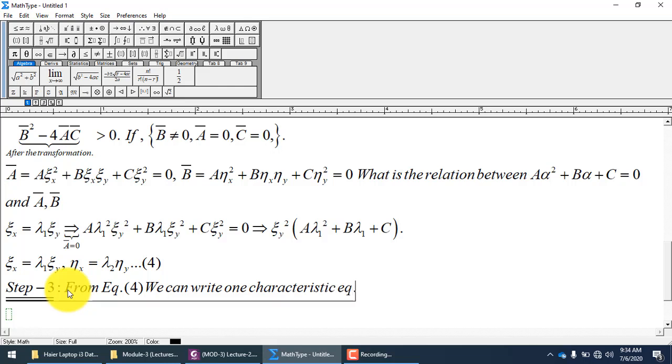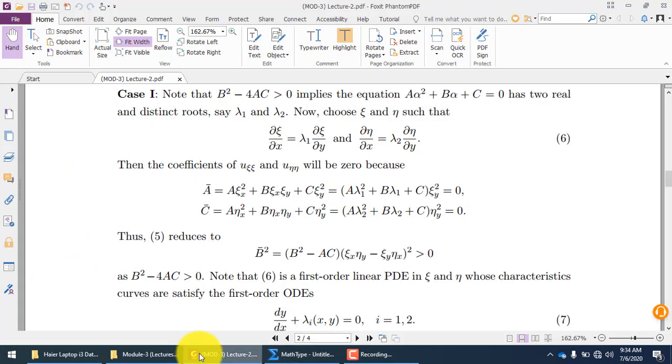What characteristic equation? Look, what is the quantity for dy by dx for both sides? Here dy by dx will be lambda 1 over lambda 2, or there will also be another value of dy by dx. So in general you make the chain rule.